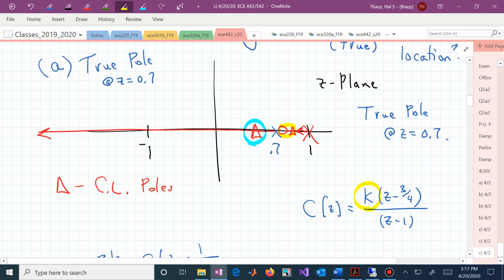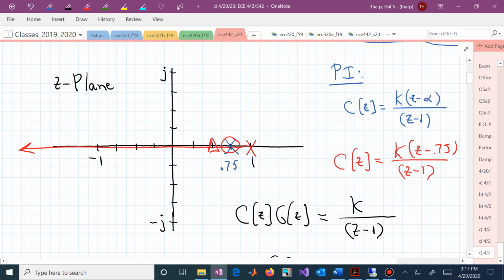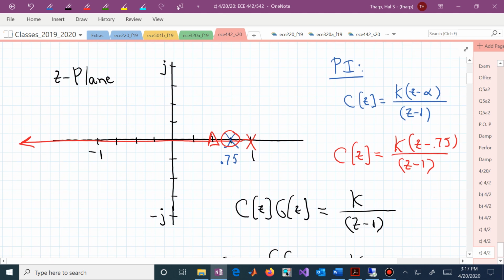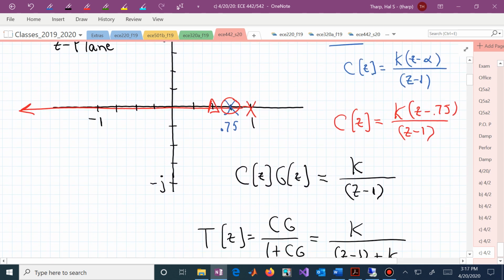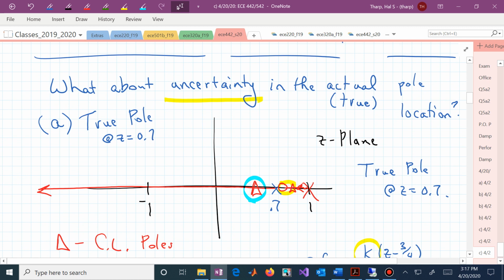But you can see that the behavior is not going to be that different than what it was here, so our design using this PI controller is fairly robust to uncertainty in our plant, or uncertainty in our true system.